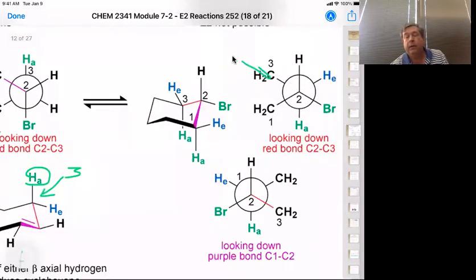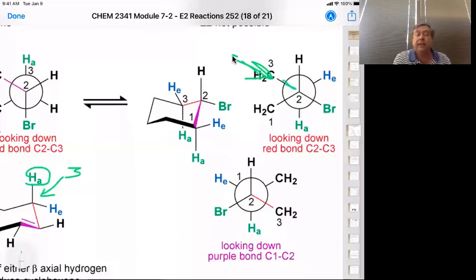Okay. So that means in that particular configuration where the bromine is in the equatorial position, which is where it might spend a lot of its time because it's a big group, right? It's not going to react. Okay. So because it doesn't have a hydrogen in that 180 position.